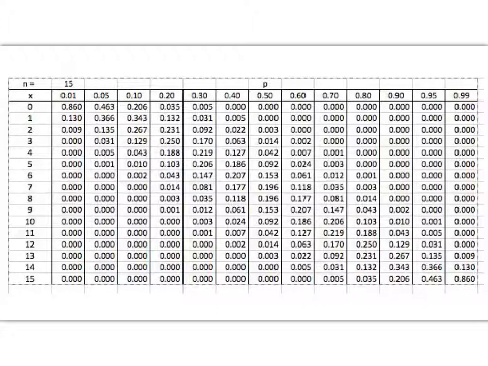Why don't you pause the video and try it out yourself, and then turn it back on when you're finished, and we'll check your answer. All right, so you needed the probability and the average between 3 and 9. That's going to be the sum of all the averages between these values.